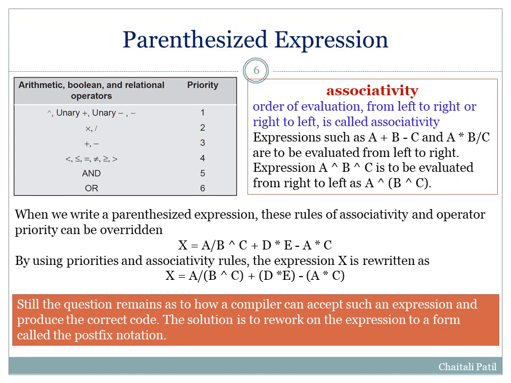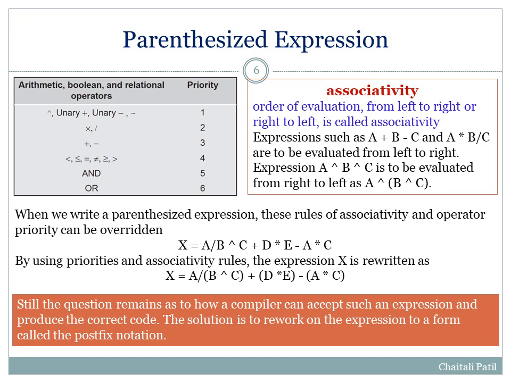For example, again, consider this arithmetic expression. By using priorities and associativity rules, the expression can be rewritten like this. We have considered the associativity and the priority order for rewriting the arithmetic expression.